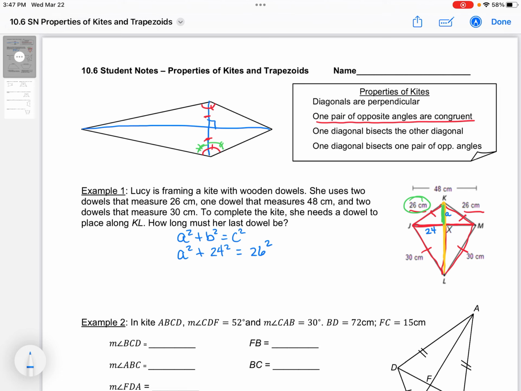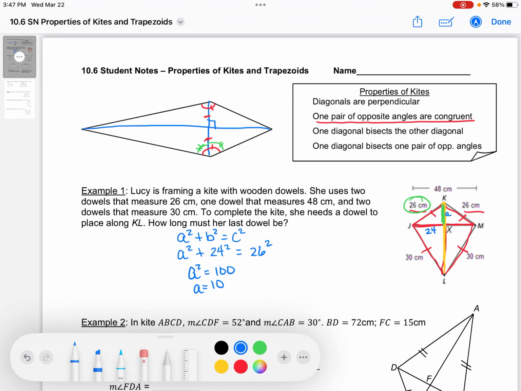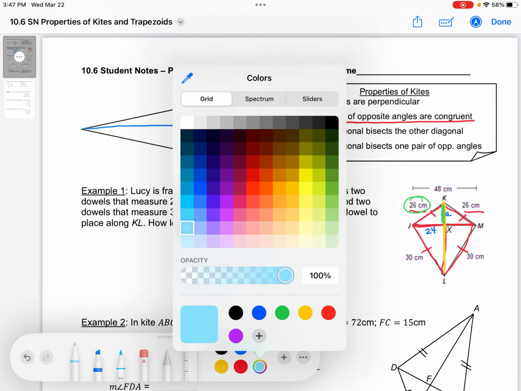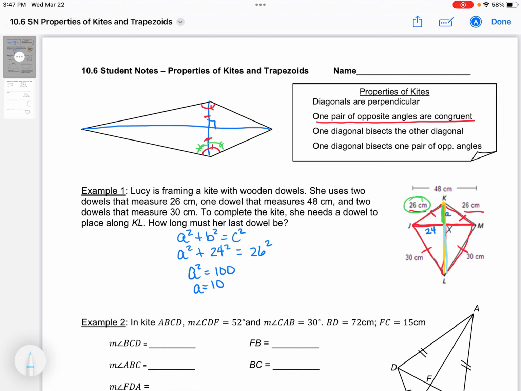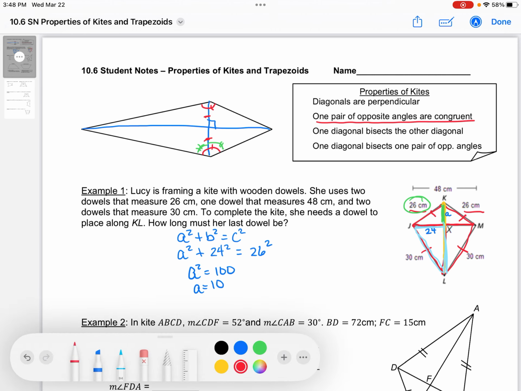Okay, so we're going to subtract. We're going to end up with A squared equals 100. A equals 10. So that means that little short piece of KL is 10. And then we should be able to do the exact same thing with the longer part. So we're going to use this triangle right here. So we still have our 24.